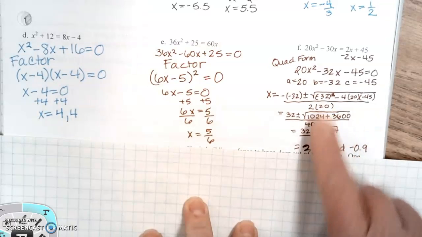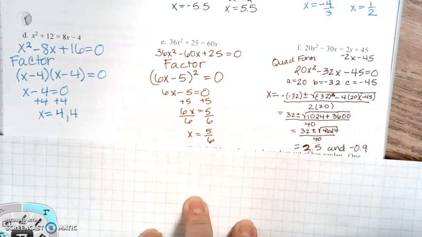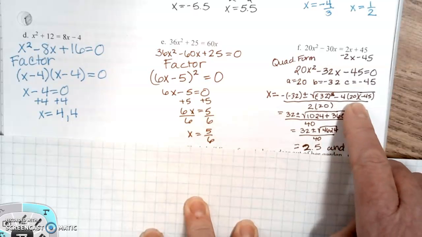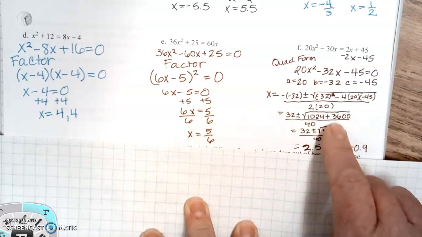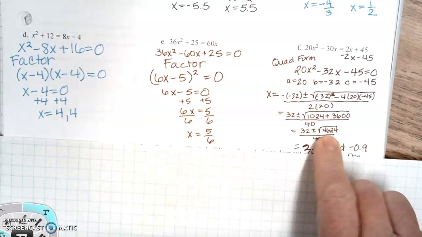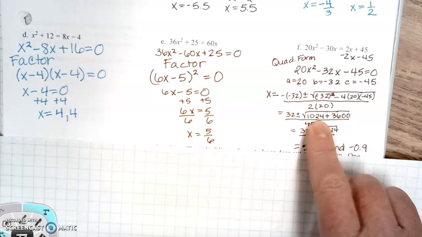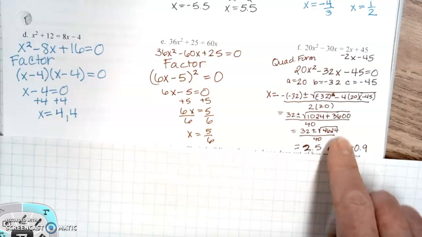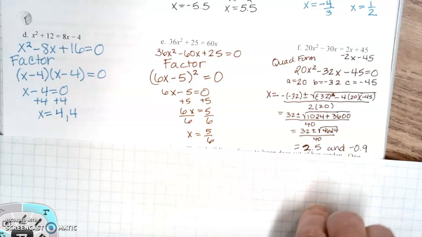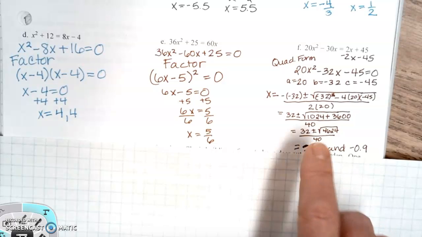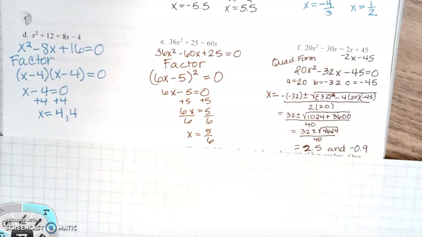So negative 32 squared is 1,024. And then negative 4 times 20 times negative 45 is plus 3,600. Under that radical, we're going to add the 1,024 and the 3,600 to get 4,624. Woo! Then we're going to do two problems here, one with addition and one with subtraction.